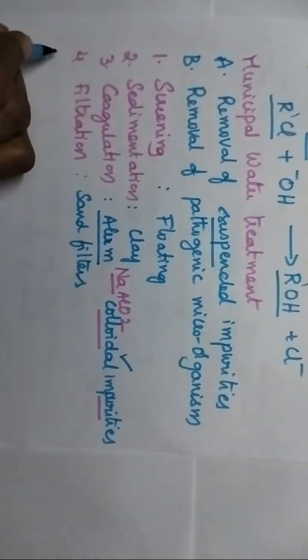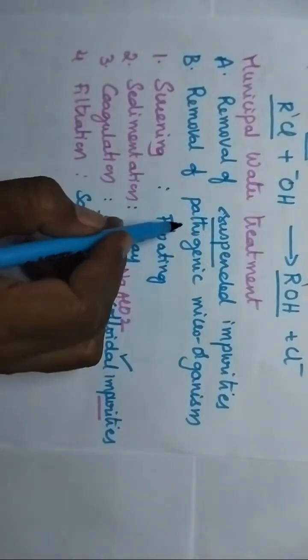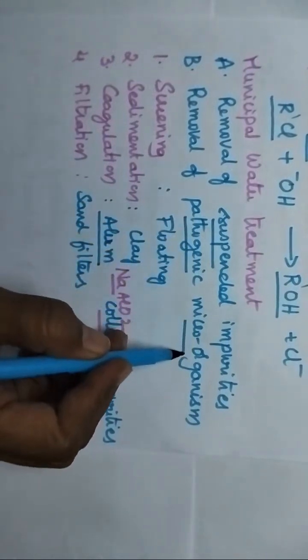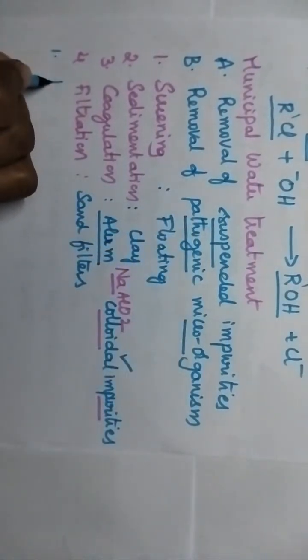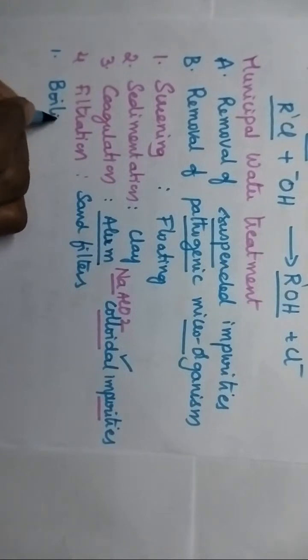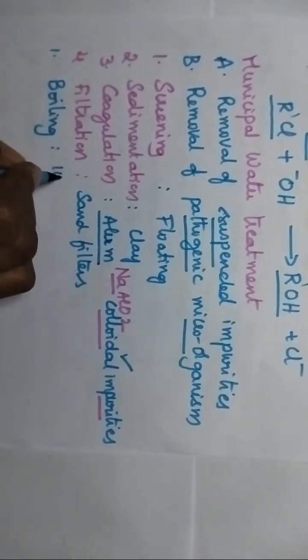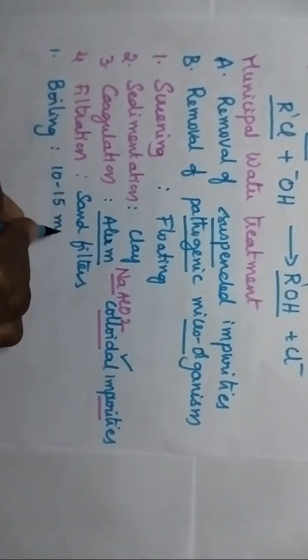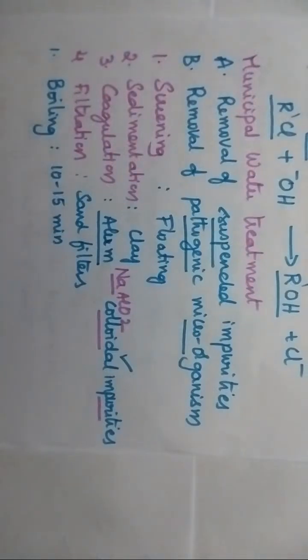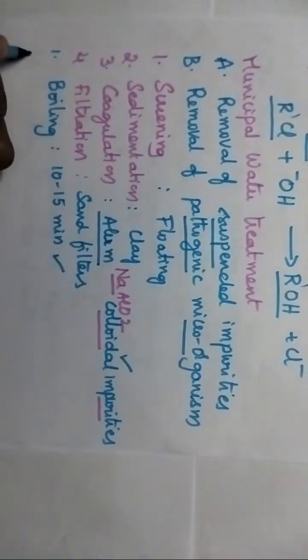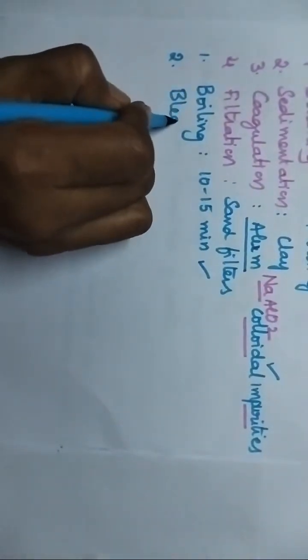Next, coming to the removal of pathogenic microorganisms, here we have different options. Simply by boiling for about 10 to 15 minutes, the pathogenic microorganisms can be removed from the water, or by the addition of bleaching powder.